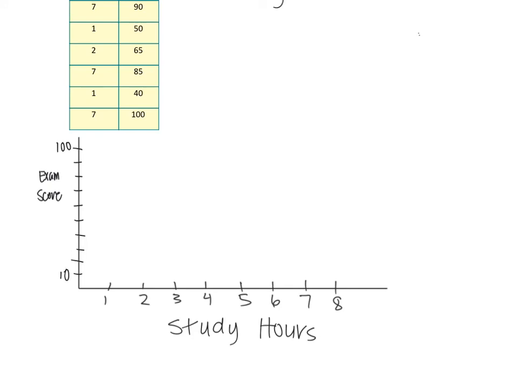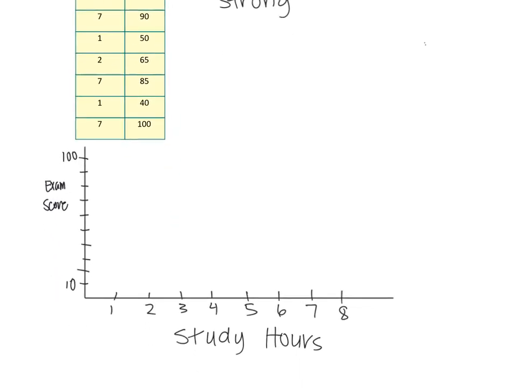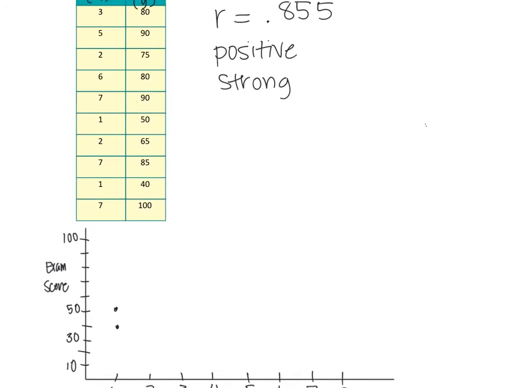And then I'm going to start creating my scatter plot. So we had 2 values for 1 study hour. We had exam scores of 50 and 40. So we had 40 and 50. For 2 hours, I'm going to put little check marks knowing that I use them.